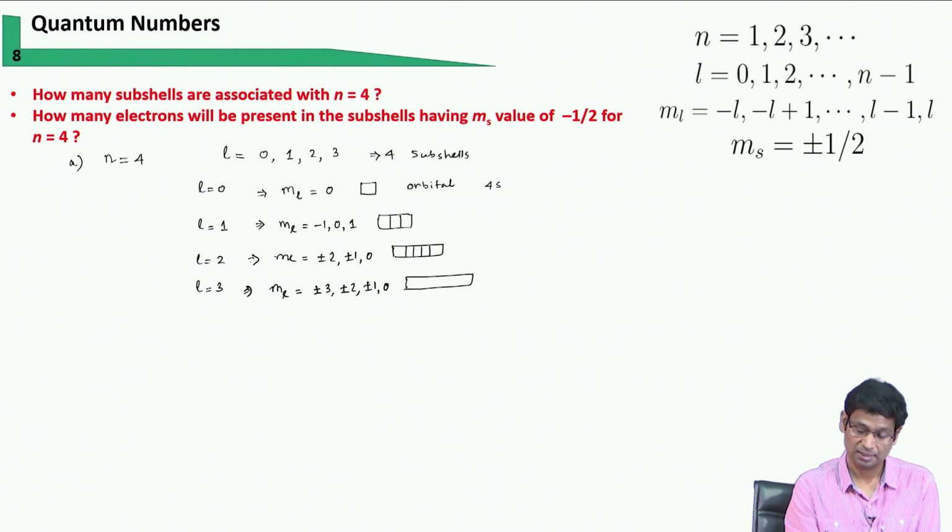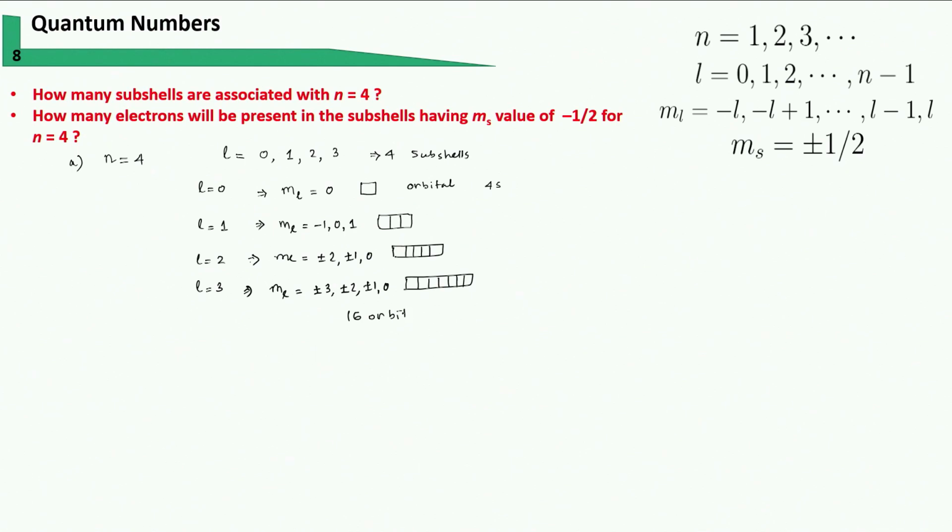So, therefore, 7 orbitals. So, 1 orbital for L equals 0, 3 orbitals for L equals 1, 5 orbitals for L equals 2, and 7 orbitals for L equals 3. So, together we have 1 plus 3 plus 5 plus 7, that is 16 orbitals. So, we have 4 subshells and 16 orbitals.